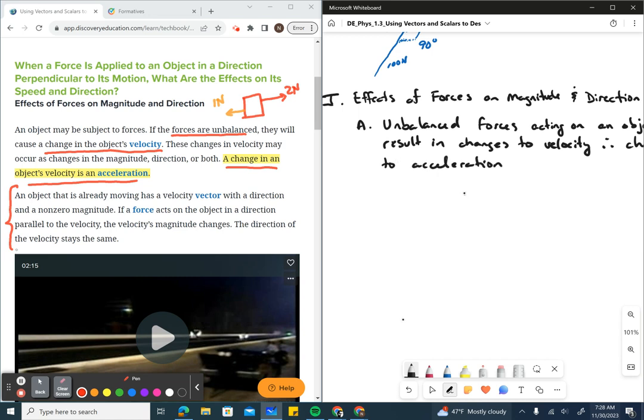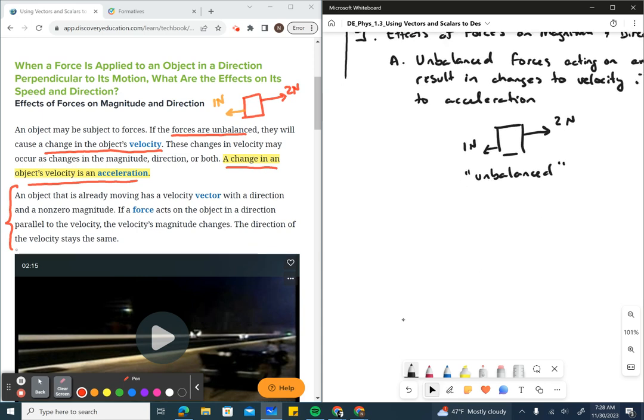Okay. And our example there was the box, right? You had a box that was pulling this direction. We said 2 newtons, we said 1 newton. So this was unbalanced, right?